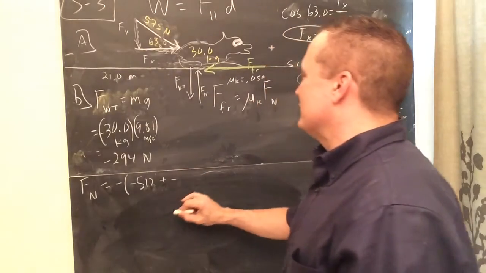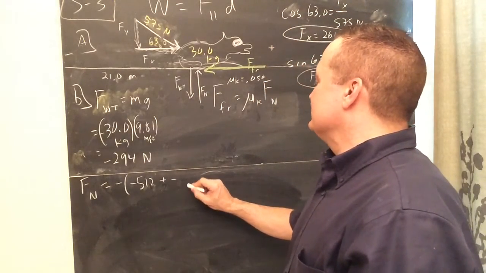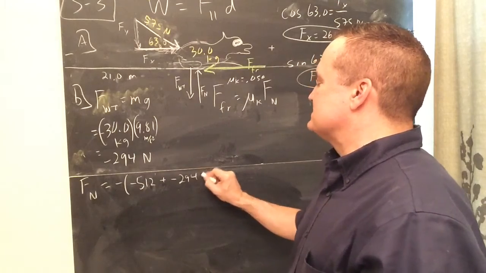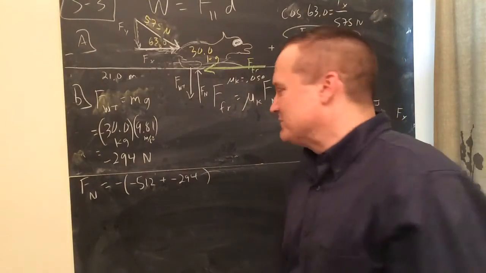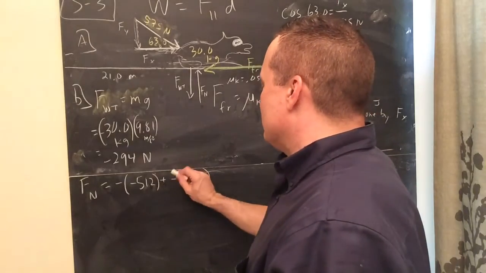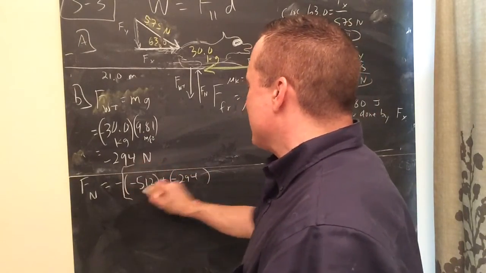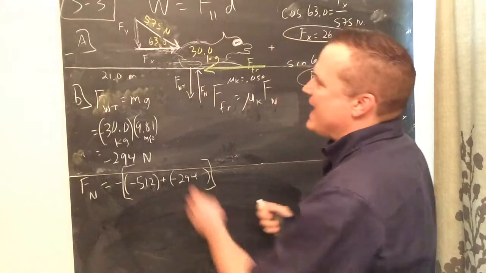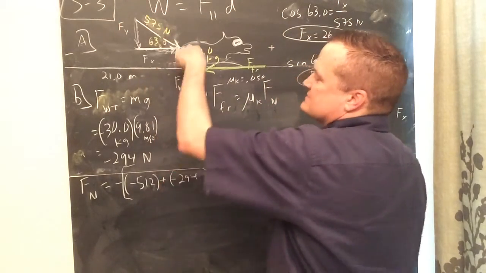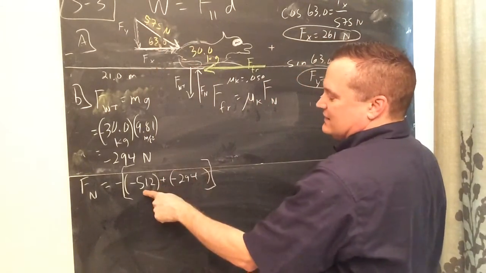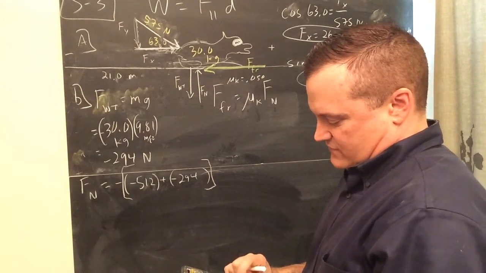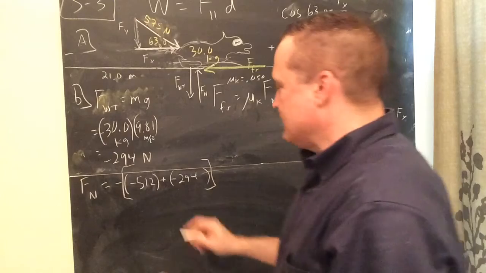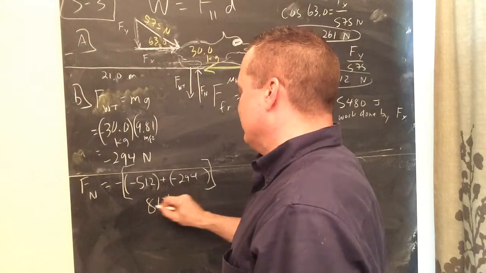Boy, all these negatives are going crazy. 294. But really, if you just put 512 plus 294, that's okay with me on your paper. If I put brackets around this, and add Fy plus F weight, they're both negative, negative 512, negative 294. I get negative 806.